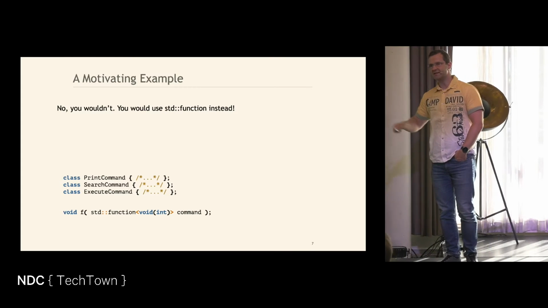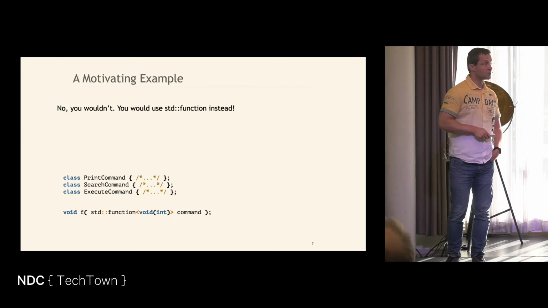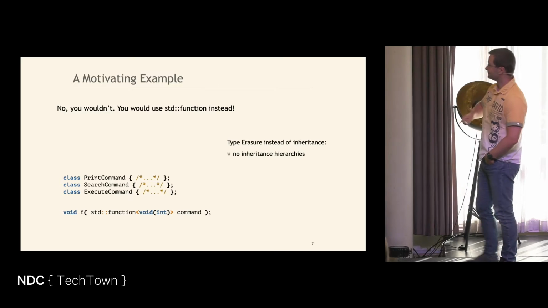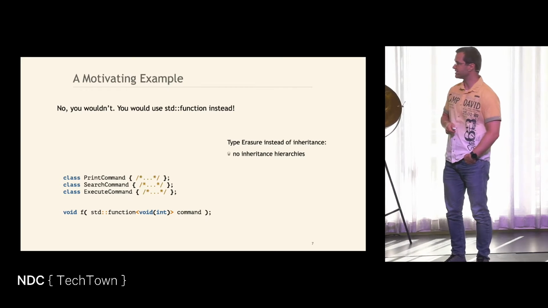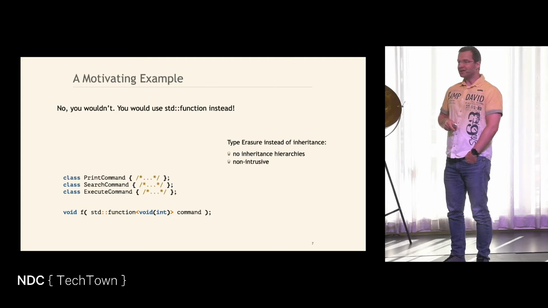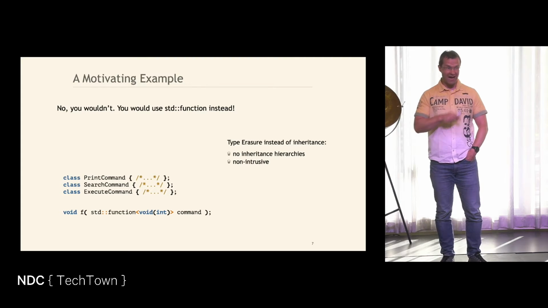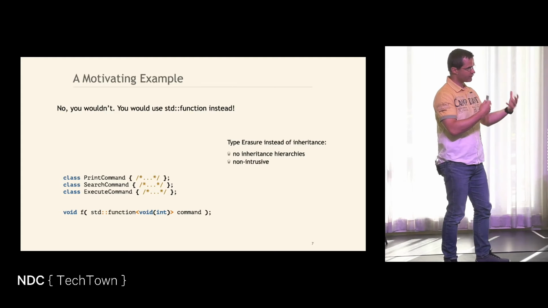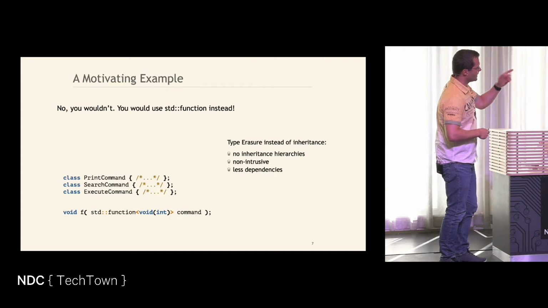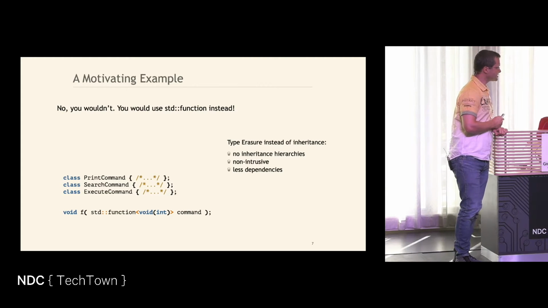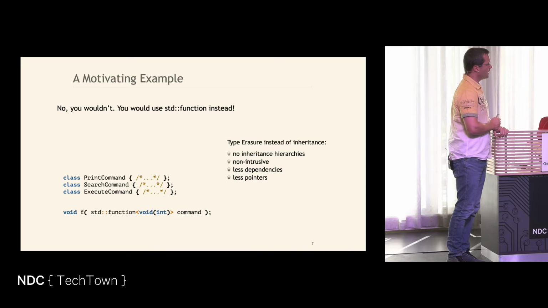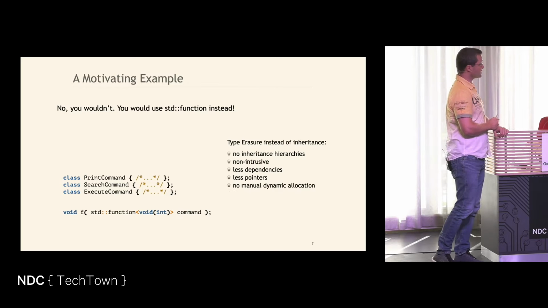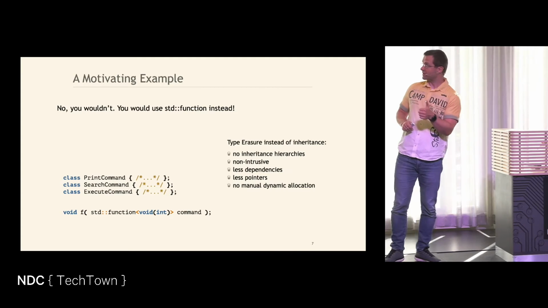std::function is so much easier on so many levels. First, there is no inheritance hierarchy, so it's way easier to write. It's non-intrusive, so you don't have to inherit from something. You have a lot of design choices because of that. There are fewer dependencies. That's the design aspect. You can just write what you want in a specific form. There are fewer pointers involved. There is no dynamic memory allocation happening.